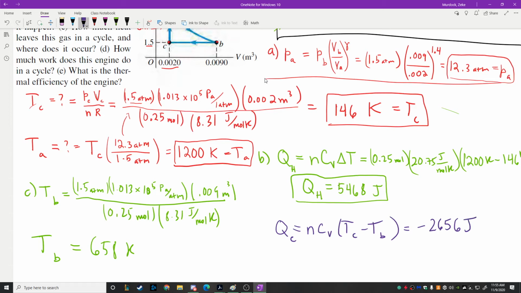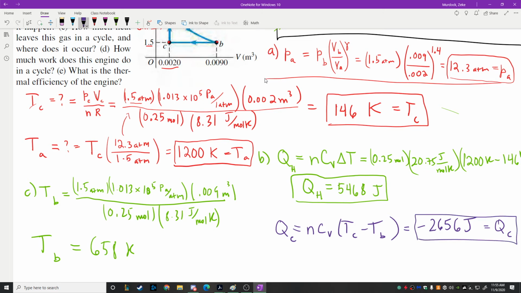And again, let me calculate it again just based on the numbers that I wrote down here. So TC is 146 minus 658. Negative 2656 exactly is what I get for this one. So that's our QC.